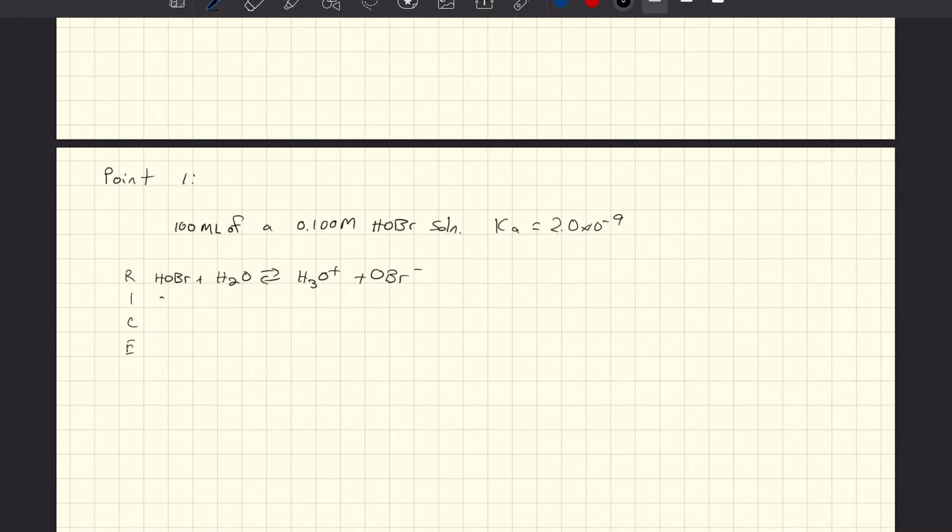We've got initial concentration of 0.100 molar, 0 for these two, and it goes down by x. Then we're going to use the simplification here, which should be valid because look at the size of that Ka. It's really small.